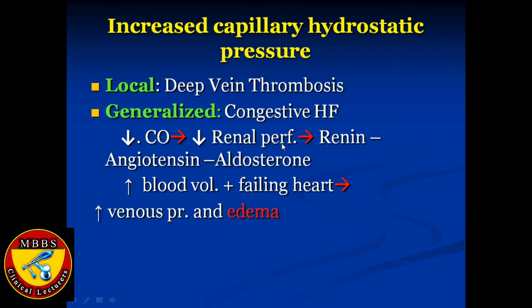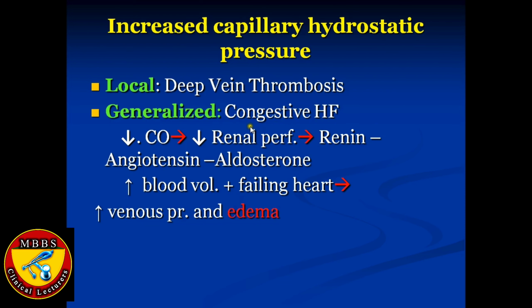When the renal perfusion is decreased, there is a system in the body whereby the substance renin is activated, and the renin angiotensin aldosterone axis is activated rather. The function of this axis is to retain the fluid from being excreted in the urine.